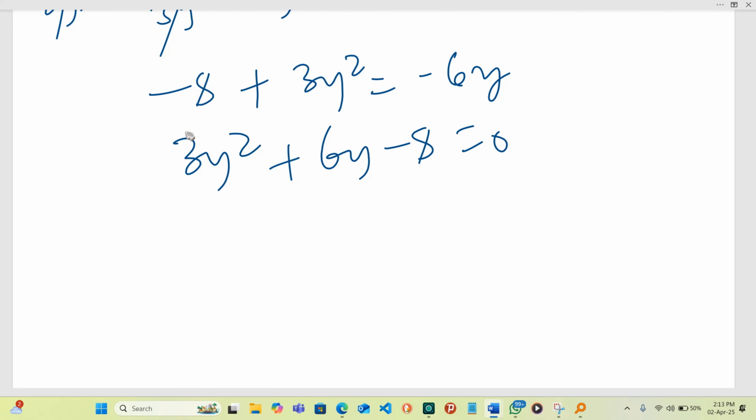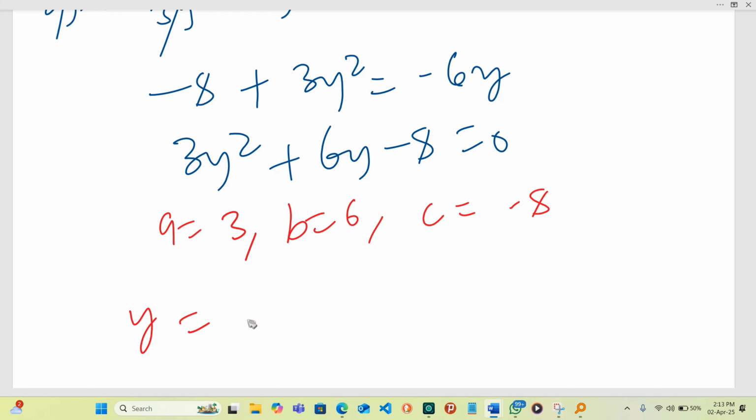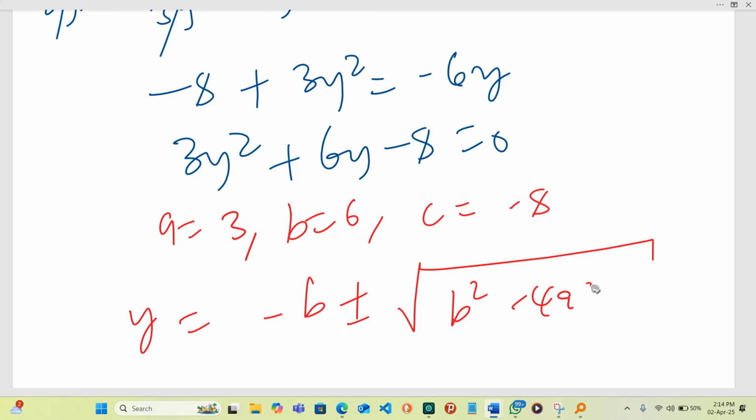We can use the completing the square method or the quadratic formula. So in the quadratic formula here, a is equal to 3, b is equal to 6, and c is equal to negative 8, meaning that y will be minus b plus or minus square root of b squared minus 4ac, divided by 2a.